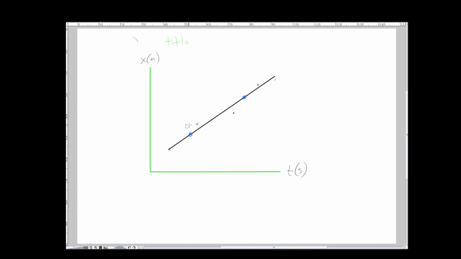And so if this is point A and point B, your slope needs to come from the line. And that'll get you your slope.